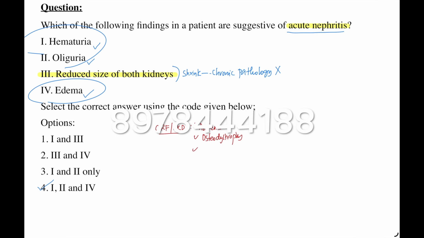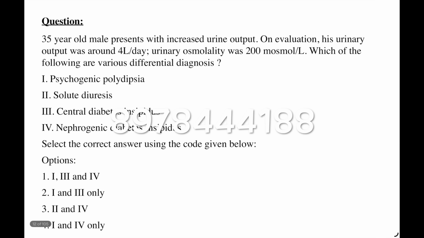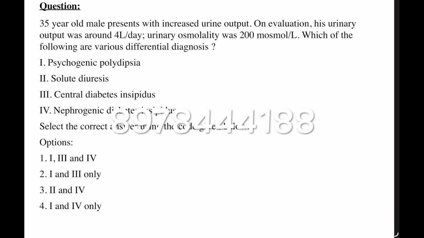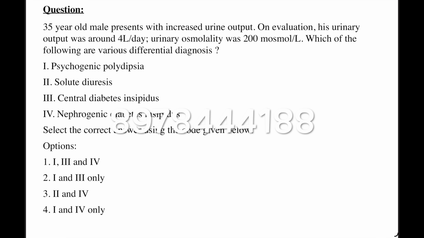You'll also see casts in urine. The type of casts you see are broad casts, which are characteristic of chronic kidney disease. Apart from that, the one characteristic thing is shrunken bilateral kidneys. If both kidneys are shrunken, then it is chronic kidney disease. So this is how you diagnose chronic kidney disease versus acute nephritis. Based on that point, they have asked this particular question.